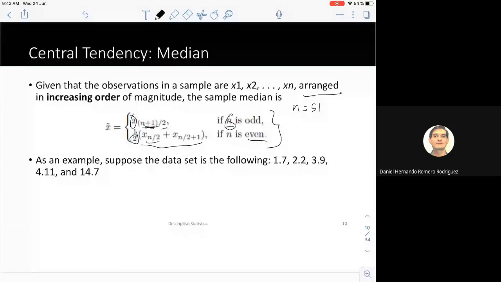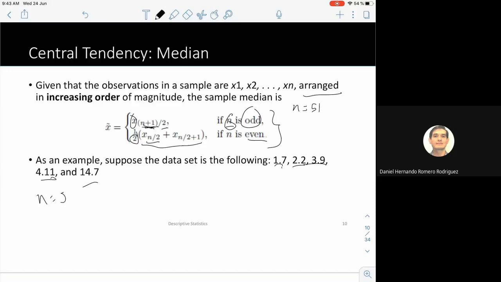So let's practice and check these cases. In the first example, we're given 1, 2, 3, 4, 5 observations. 5 observations, right? So it's an odd number. Since it is an odd number, the way to compute is that we go to the position n plus 1 divided by 2. So if n is equal to 5, then n plus 1 is 6, divided by 2, that's equal to 3.